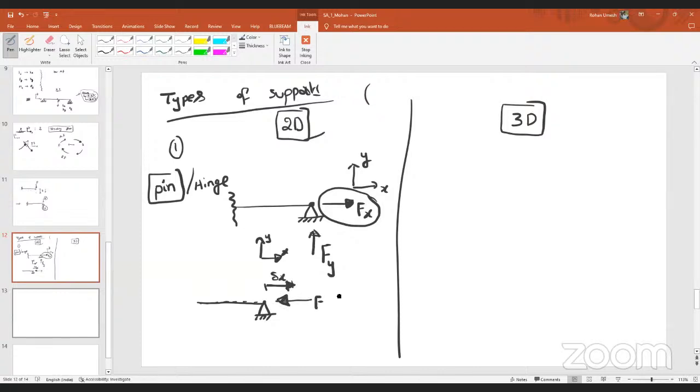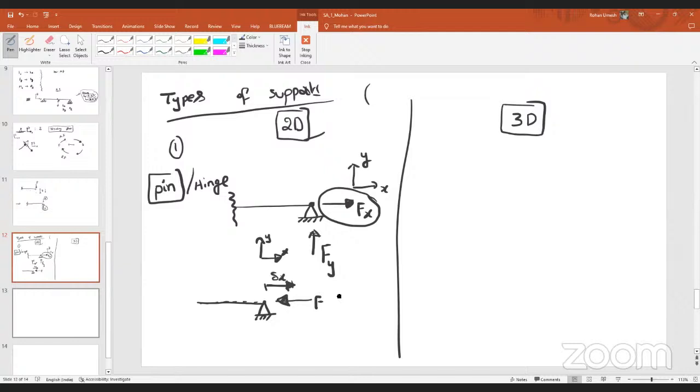Similarly, if the deflection is happening in the upward direction, then the resisting force will develop in the downward direction. Why are we discussing these things? While solving real problems, we might get confused about whether it will be a positive X, positive Y, or negative X. Those kinds of things should not disturb us.